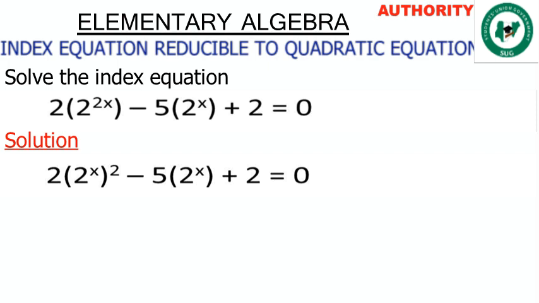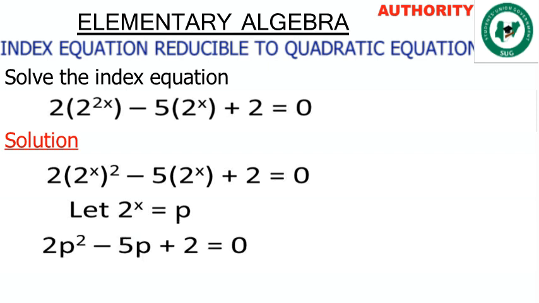We want to solve this, and since we have 2 raised to power x in common here, let's decide to call it a letter. Let's use p. We'll say let 2 raised to power x equal to p. So in the above expression, anywhere we see 2 raised to power x, we're going to replace it with p.